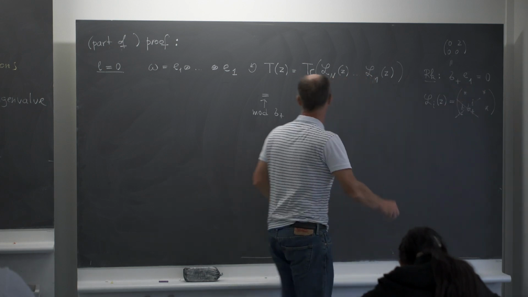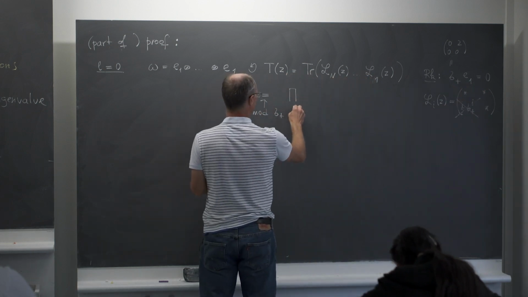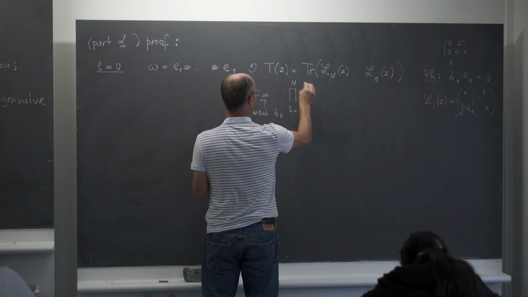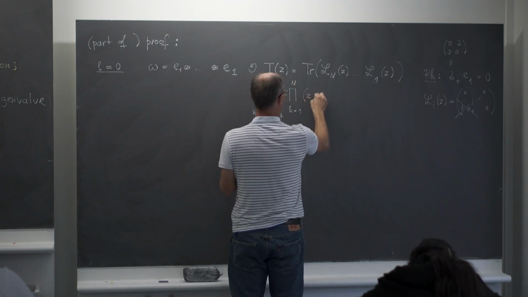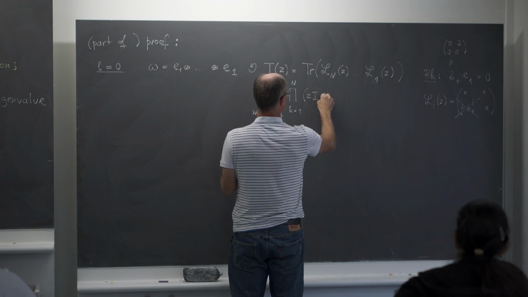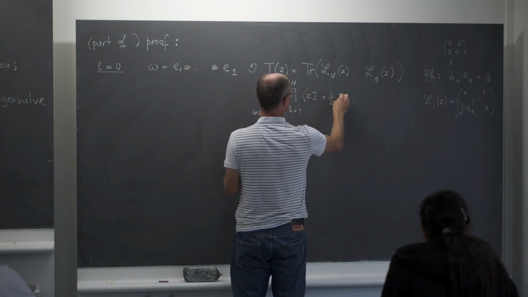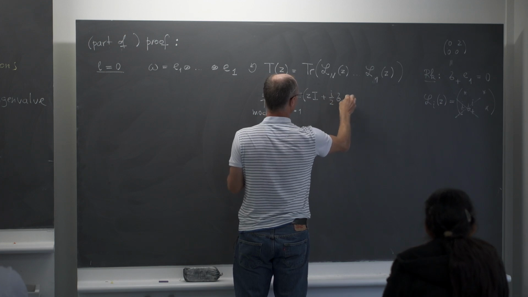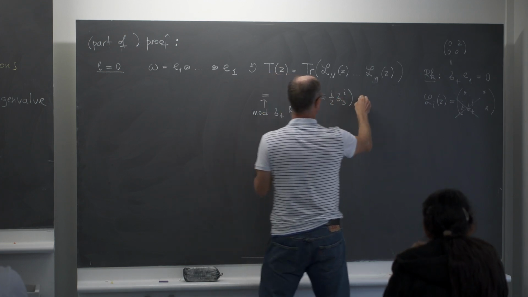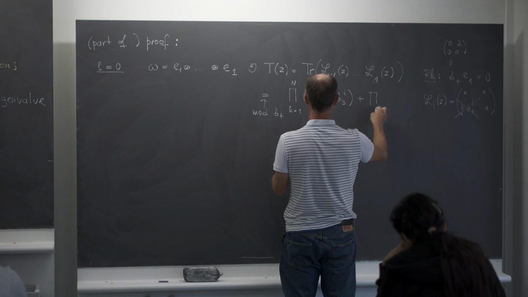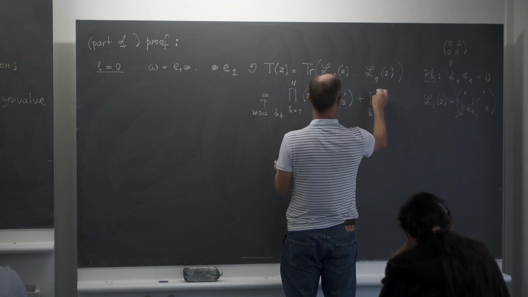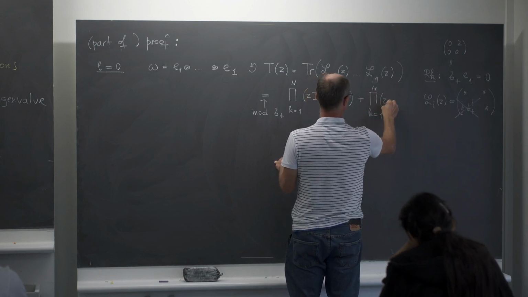So this is a product over, let's say, k from 1 to n, of z times 1 plus I over 2 sigma 3 I, plus the product of lower diagonal entries, which is equal to this.